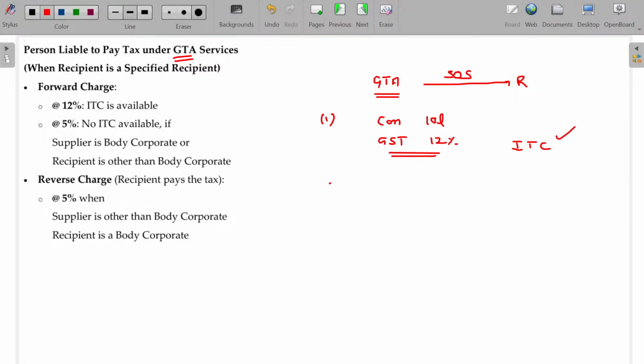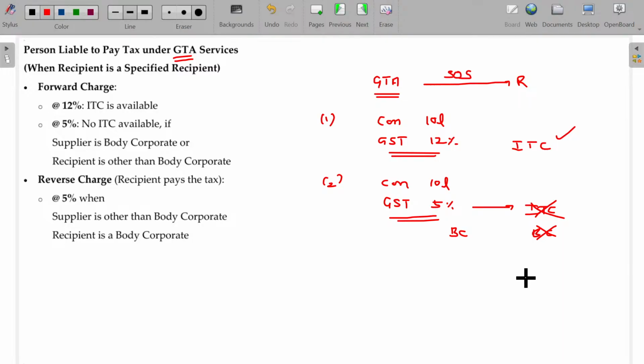Or consideration being 10 lakhs and GST is payable at a nominal rate, say 5%, not 12%. In this case, supplier being the body corporate, recipient not being the body corporate, other than body corporate, ITC is not available.